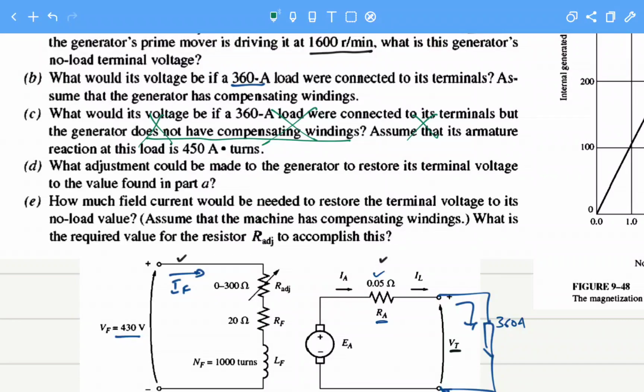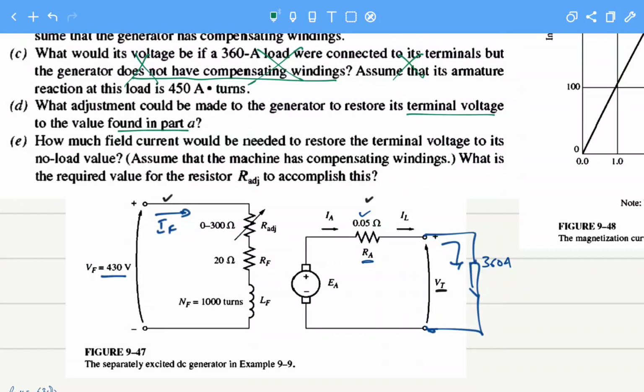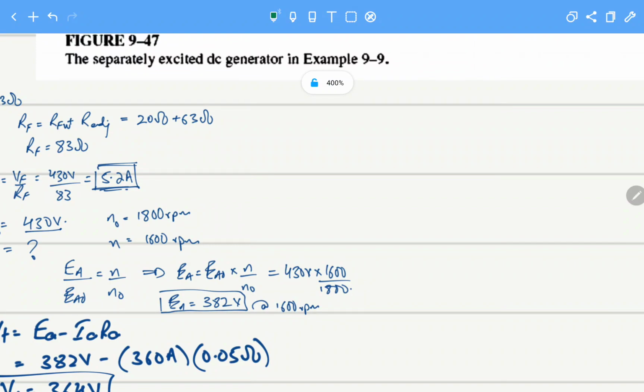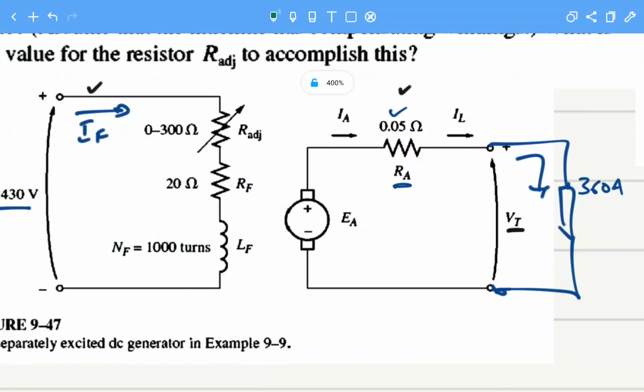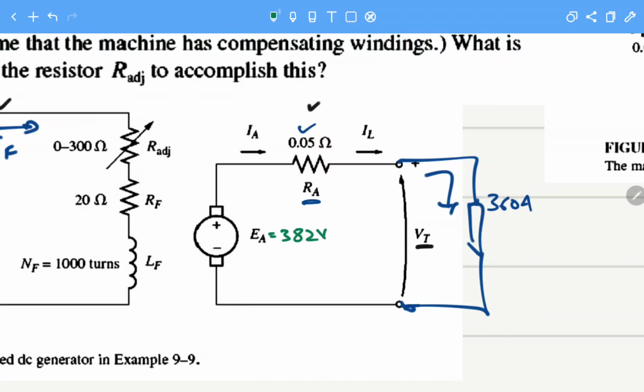Now, the fourth part states what adjustment could be made to the generator to restore its terminal voltage to the value found in part A. So what it is saying is that in part A you calculated this value EA equal to 382 volts, and this value was at the terminal when no load was connected, because no current was flowing, so there was no drop.